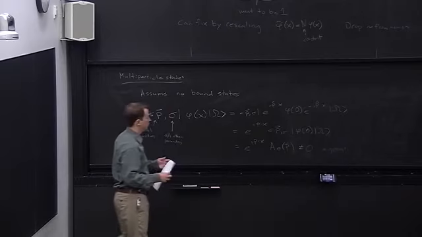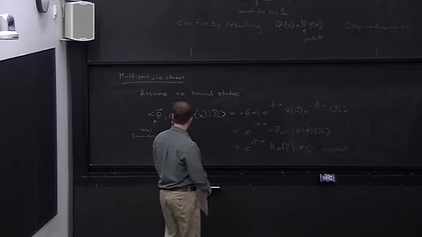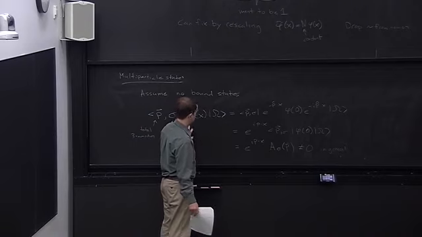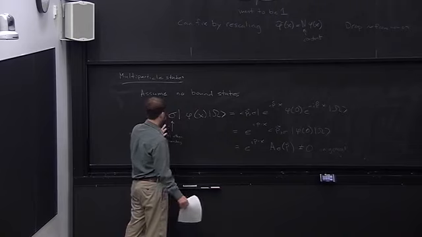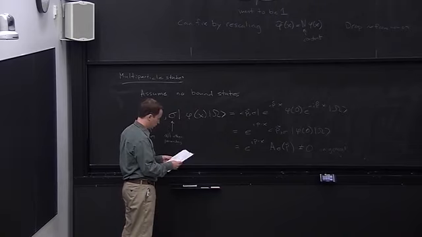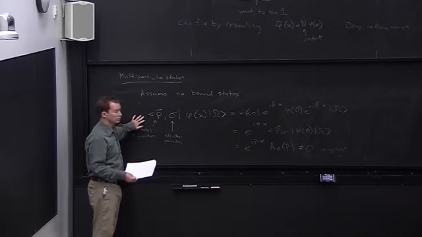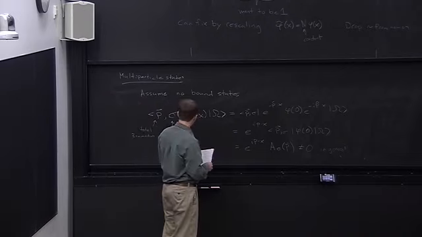Okay, so this seems to be problematic. This seems to be telling us that we can't distinguish one-particle states from multi-particle states. But we've imposed slightly too strong of a condition here. So we can relax this a little bit.